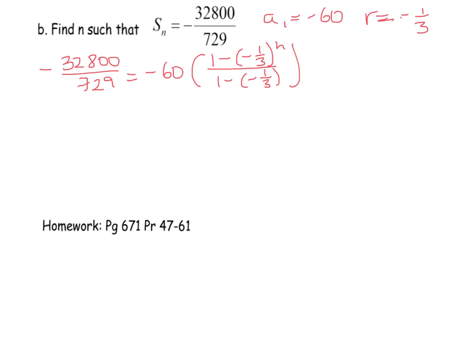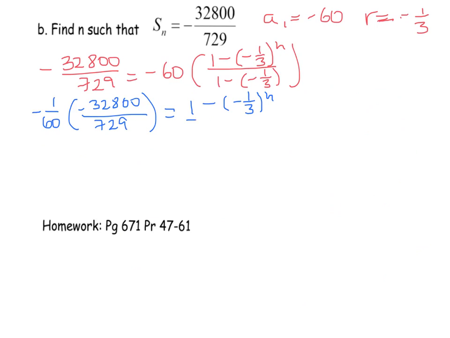So the first thing we are going to do is divide both sides by negative 60. If I divide both sides by negative 60, that means multiply by the reciprocal, so I will have negative 1 over 60 times negative 32,800 divided by 729. And that will equal 1 minus negative 1/3 to the n divided by 4/3.